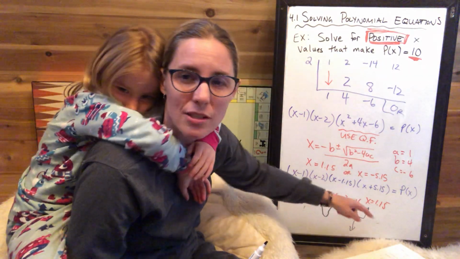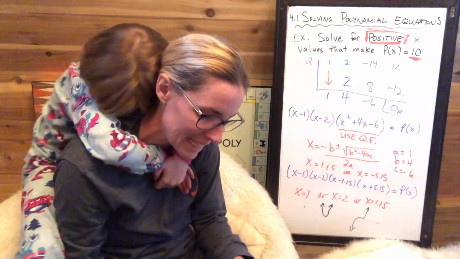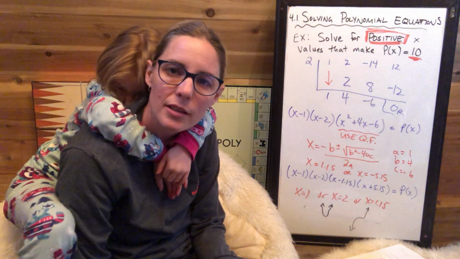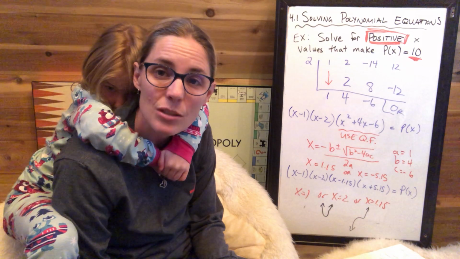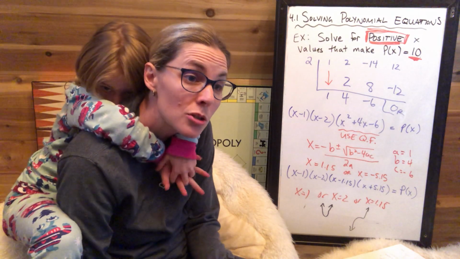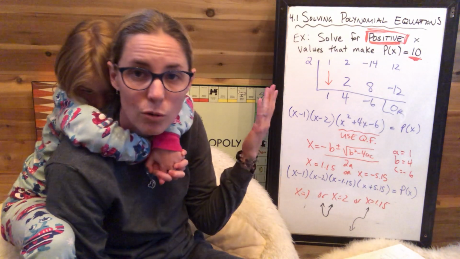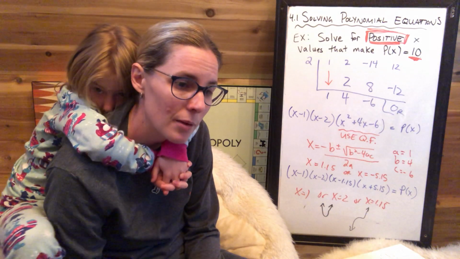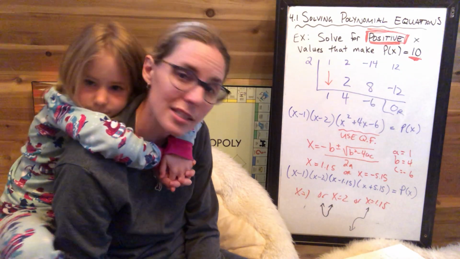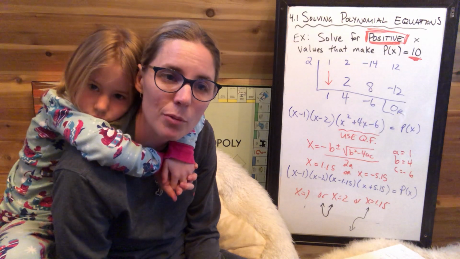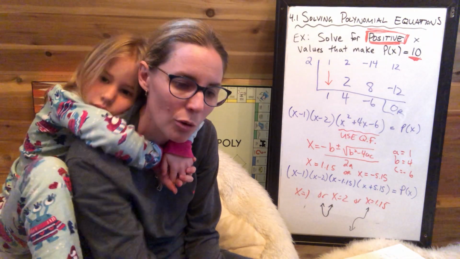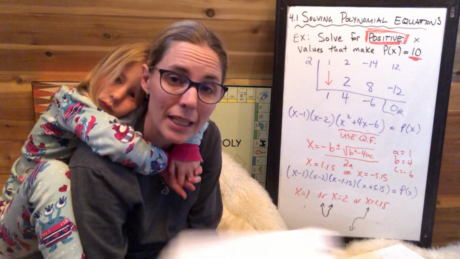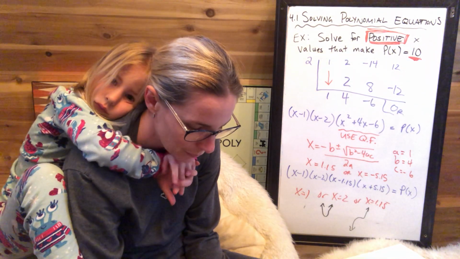At some point it has to cross the axis, so there is at least one spot where it's crossing the axis, which means you have to have at least 1 zero. It can go up to the degree, in this case a quartic, up to 4. Because it was even, it could have had 0, 1, 2, 3, or 4. If we went up to a quintic, it has to have at least 1, up to the degree. So any odd one, 1 to the degree number; any even one, 0 to the degree number.